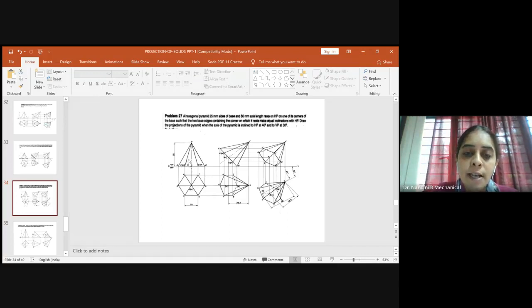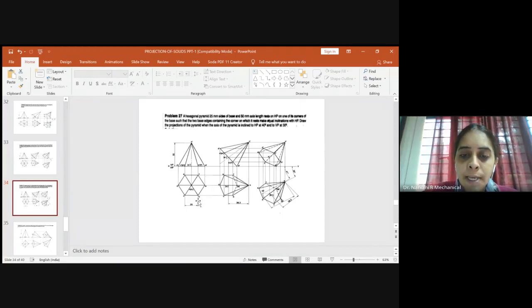So once this is done, please read from the bottom. So here the projection of D will be visible and hence you will write it as D dash when the observer views from the bottom. So here when the observer views from the bottom, C and E will be along the same line. C will be visible and E will be hidden. So you will write C dash outside the bracket, E dash within the bracket. And when the observer views from here, the center will not be visible. So we'll write it as O1 dash.